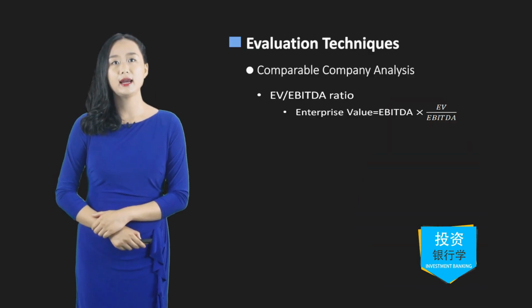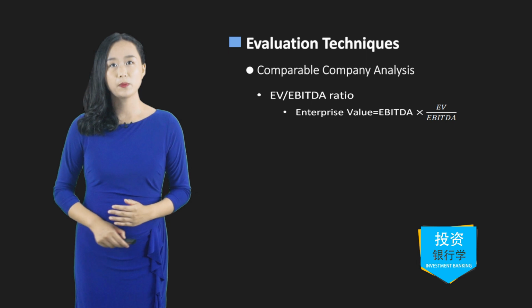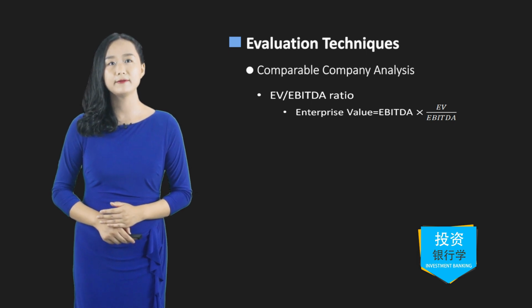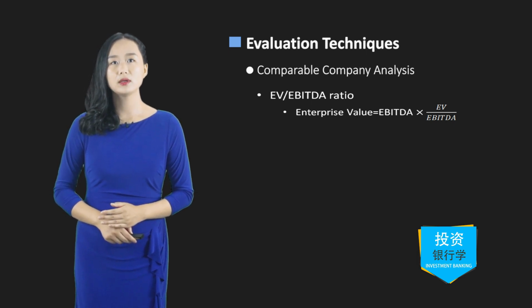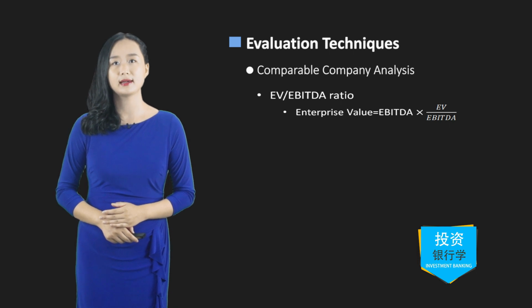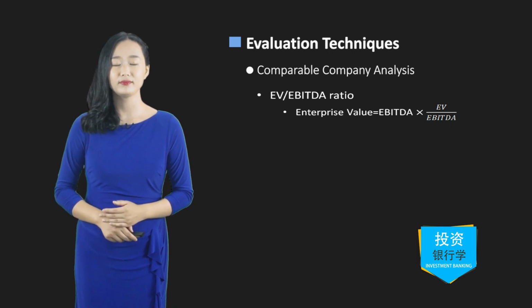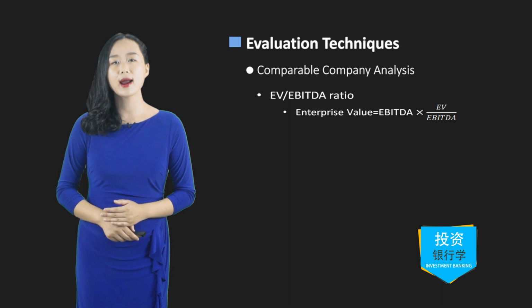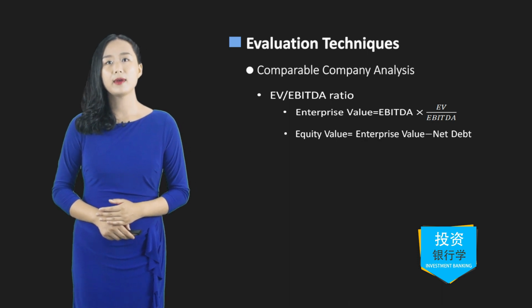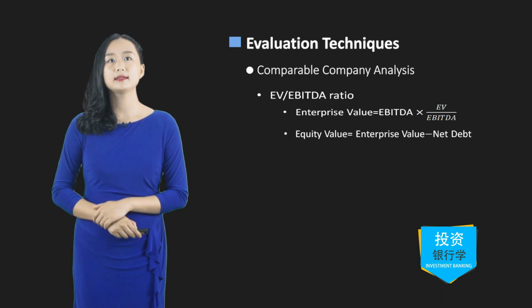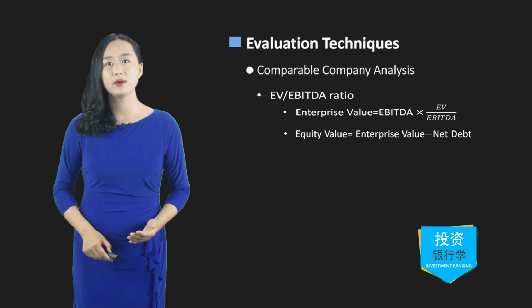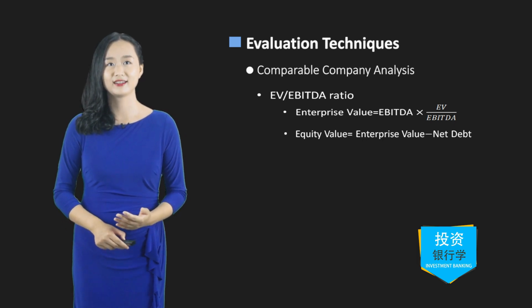EV to EBITDA multiple is feasible for companies with negative net income and is also not influenced by differences in capital structures. After obtaining enterprise value, equity value can be calculated as the difference between enterprise value and net debt.